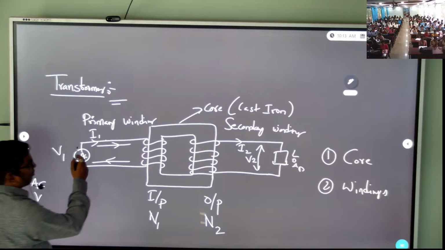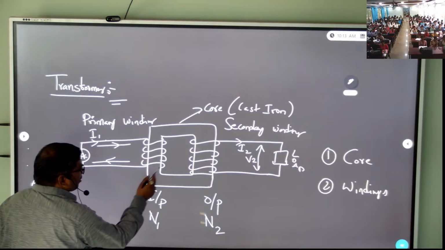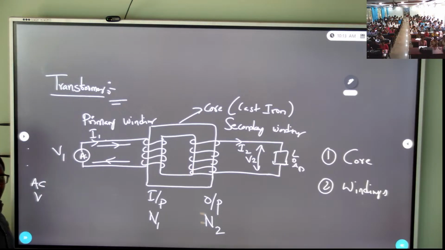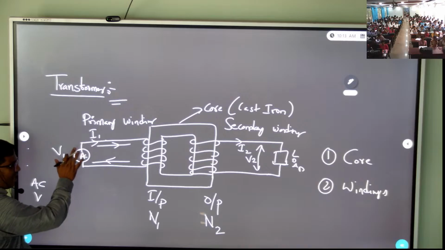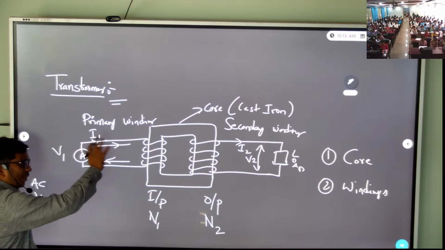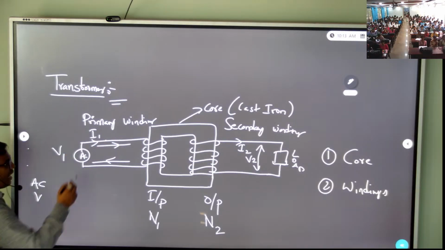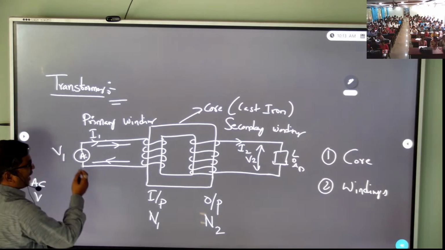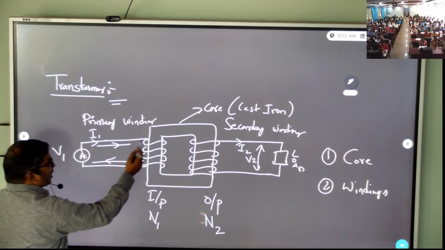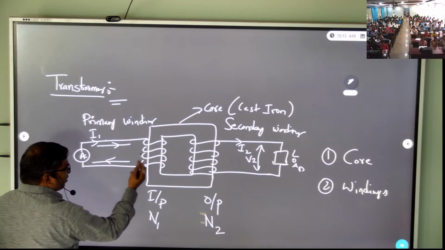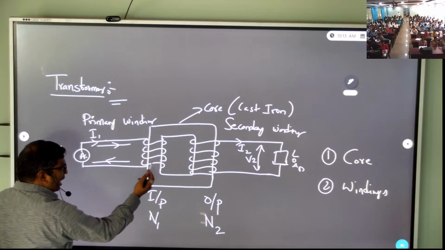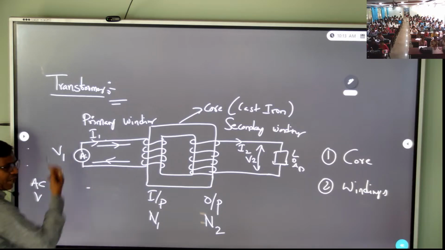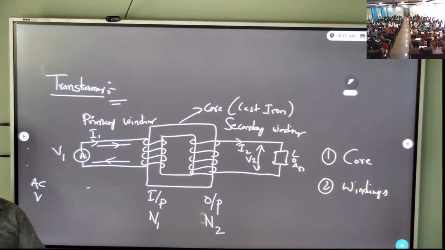The circuit is closed, so a current I flows through the winding. It leaves from here, flows through the winding, and returns to the negative supply. So a current I is flowing in the circuit.